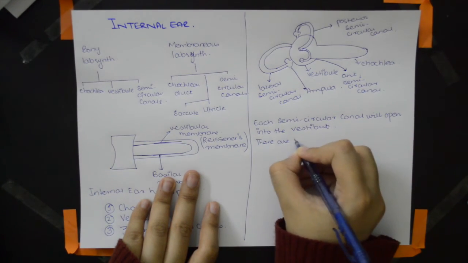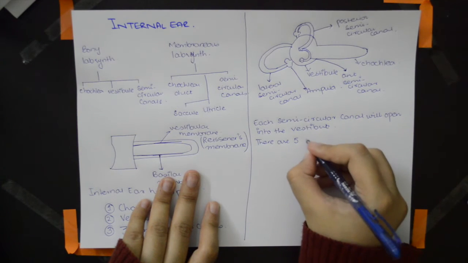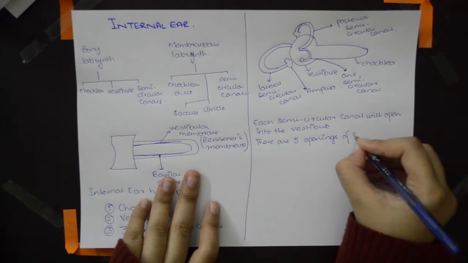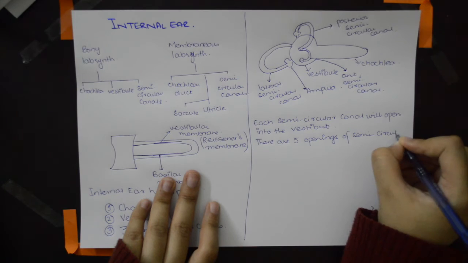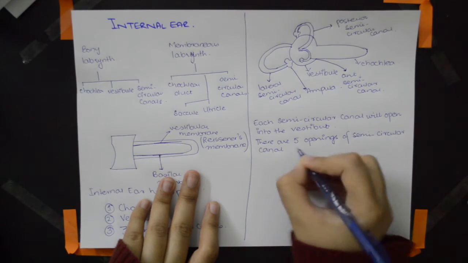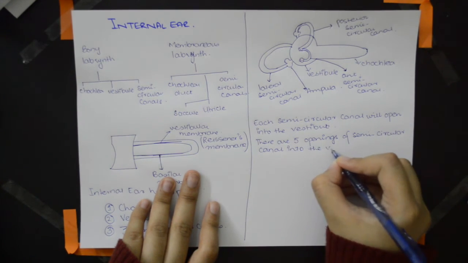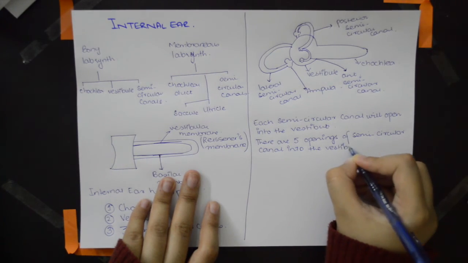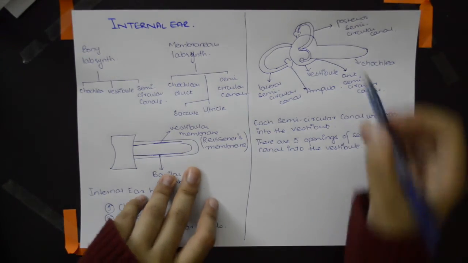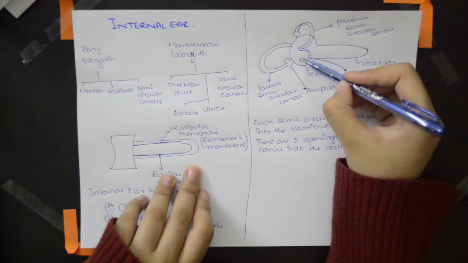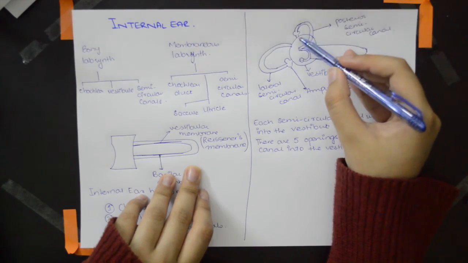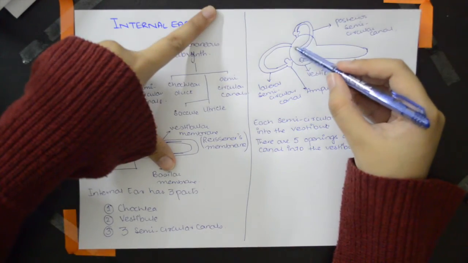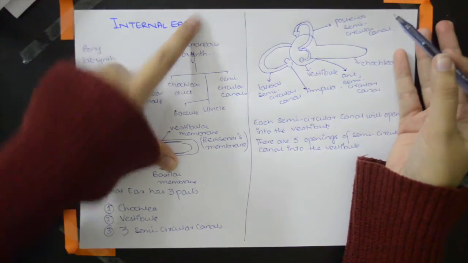There are 5 openings of the semicircular canals into the vestibule. So let's count the openings: 1, 2, 3, 4, and this is the 5th one.